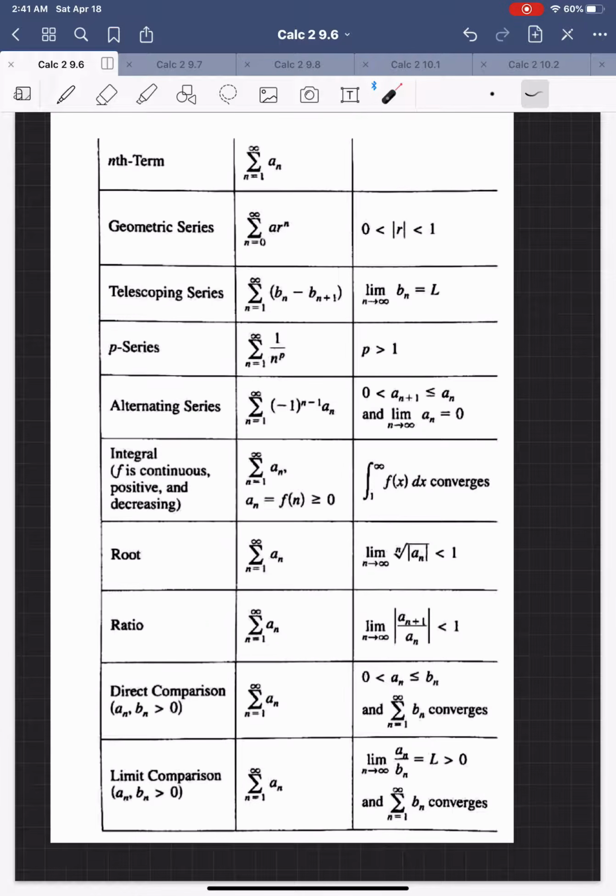It's from 9.6, and this just gives you some ideas: if it's a geometric series, telescoping series, p-series, alternating, root, ratio, direct comparison, limit comparison. This is just a quick guide for some of the various tests that you've learned.